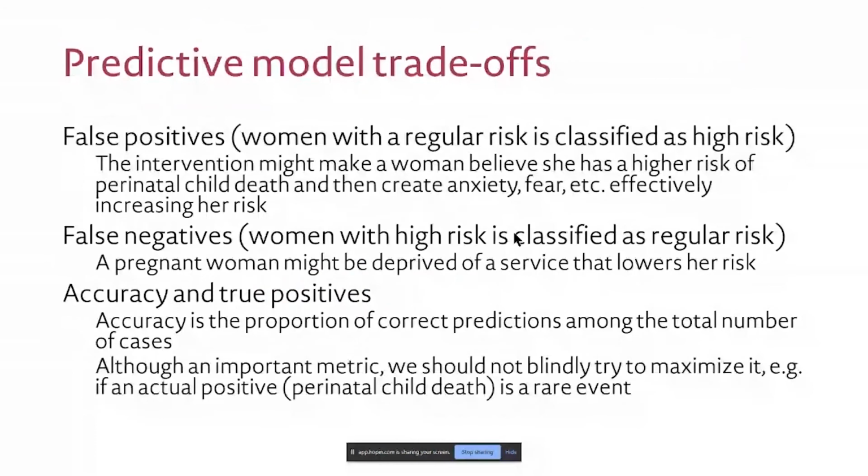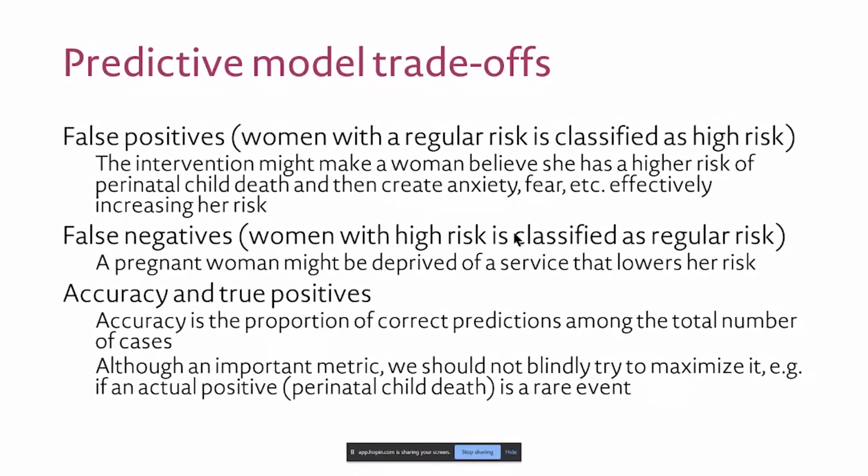So looking at the predictive model, I already mentioned false positives and false negatives. And there's also a third topic, which includes the quality metrics, as for example, accuracy of the model. So false positives, in our case, a false positive is a woman with a regular risk that is classified as high risk.